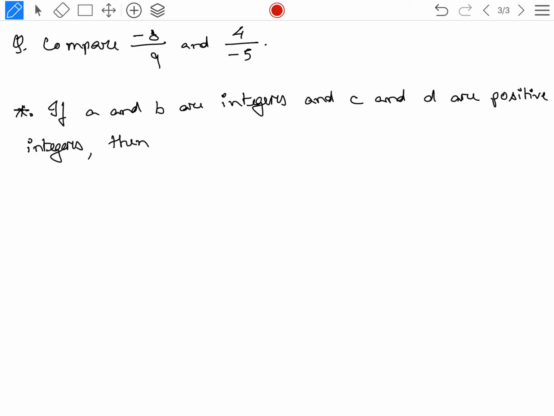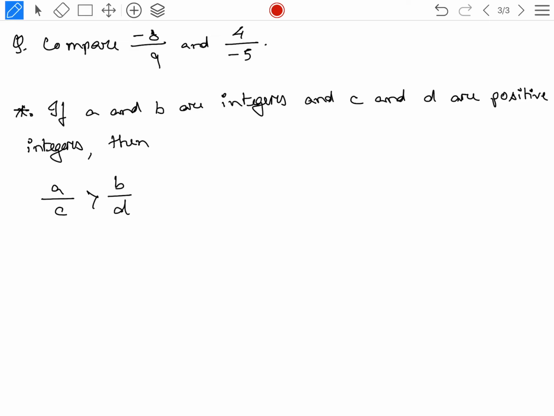First, A by C will be greater than B by D. In this case, we imagine that A by C is a rational number and B by D is a rational number. A and B are integers, which means the numerator may be either positive or negative. But about C and D, the denominators, yes or no?